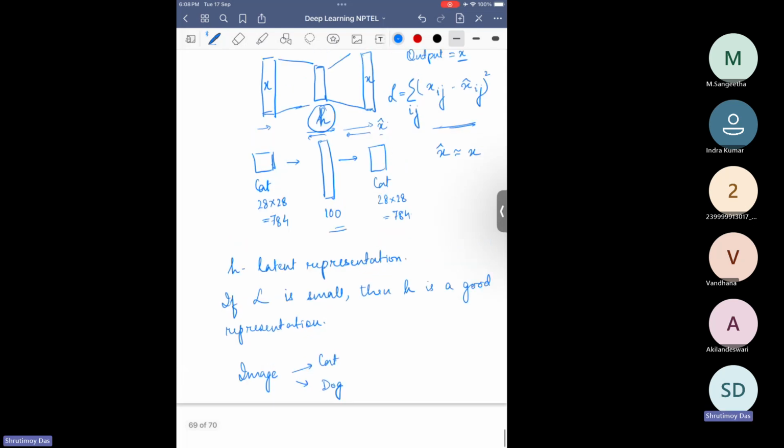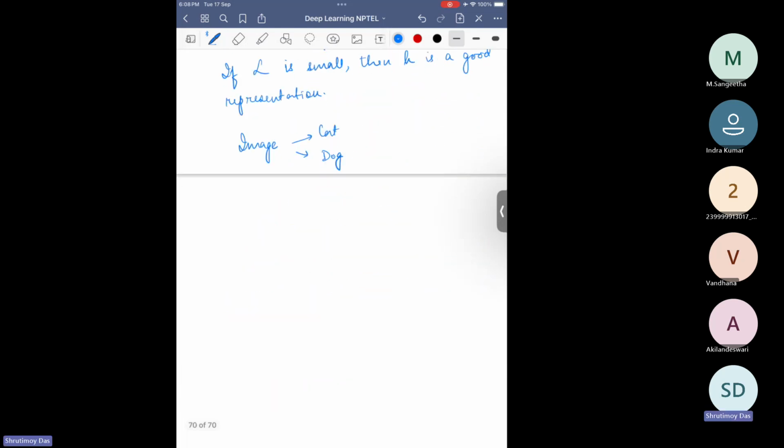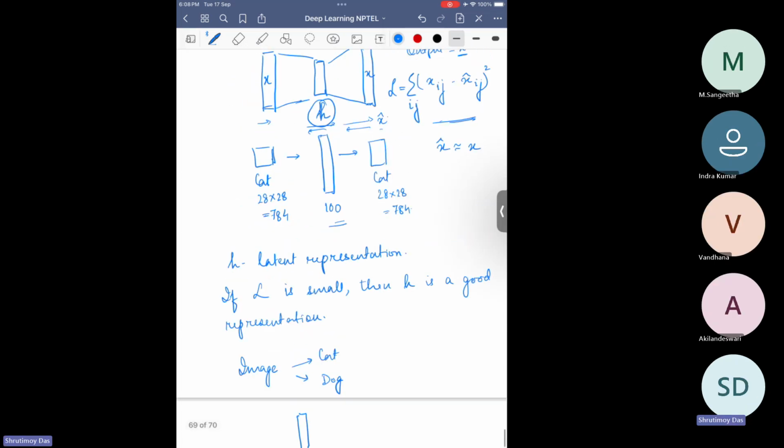So now let us say that we have that encoder and we have that hidden representation h that we take from this autoencoder.